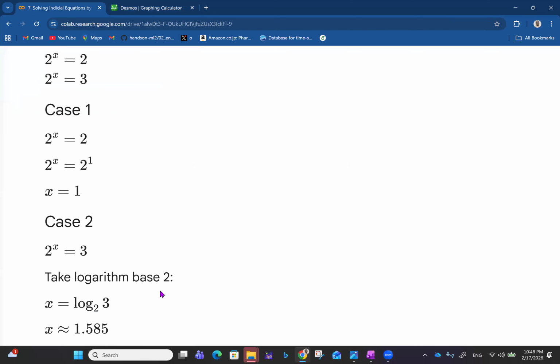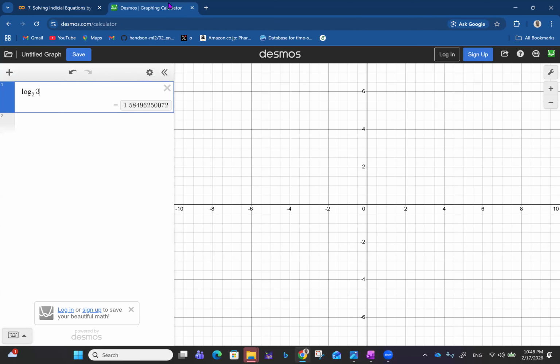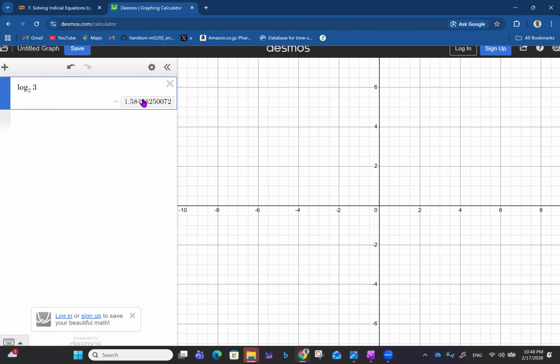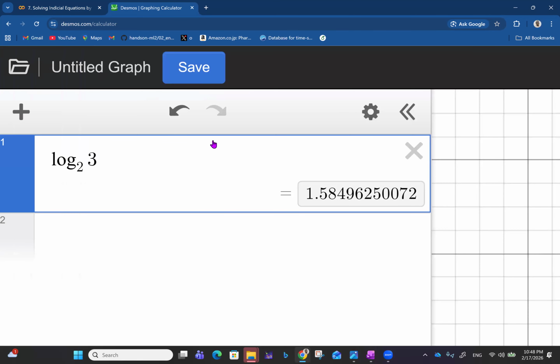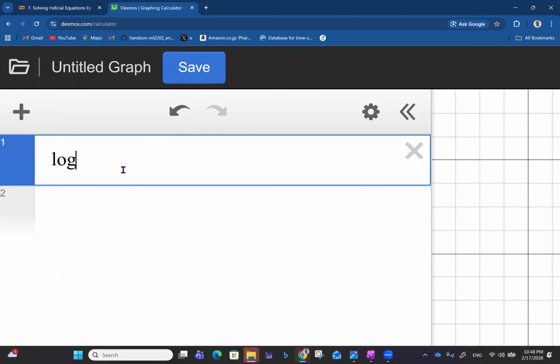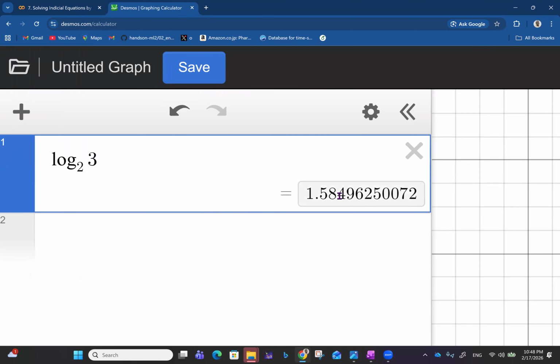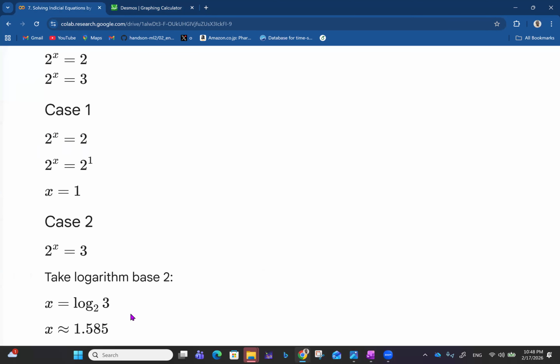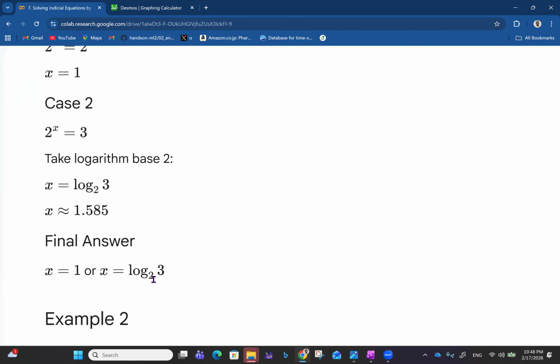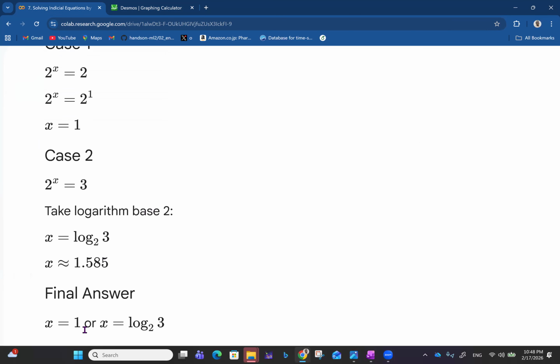That's what we're getting from this. Okay, log 3 base 2. So how did I punch this again? You can even do the base first. So just do shift log, that's 2, then 3. So you get 1.585 like this. So that's how this happened. So now we have got the two results. So final answer means x is equal to 1 or x is equal to log 3 to base 2.